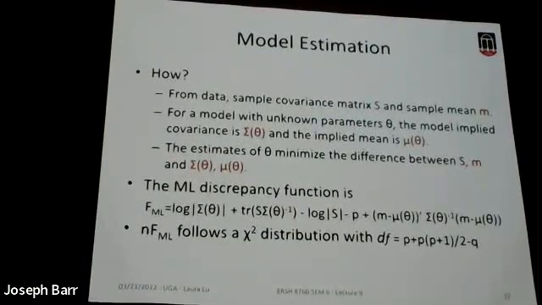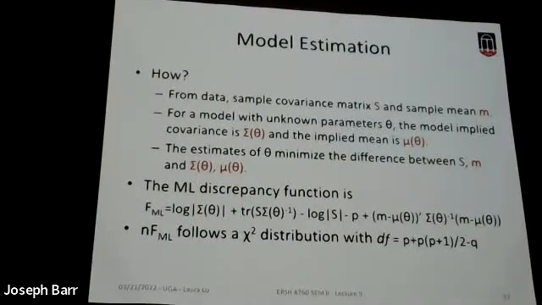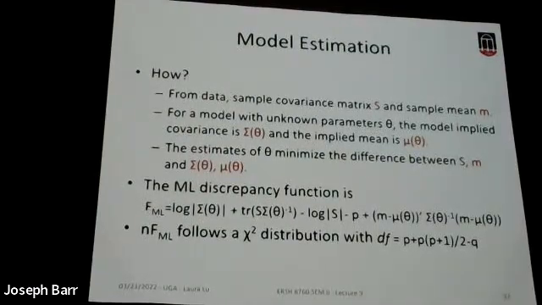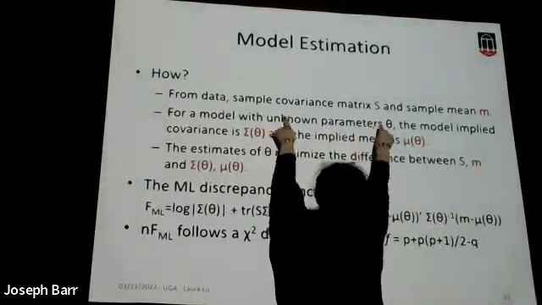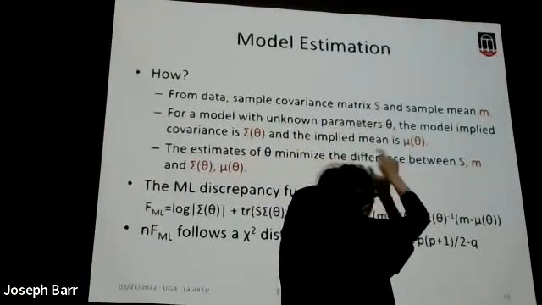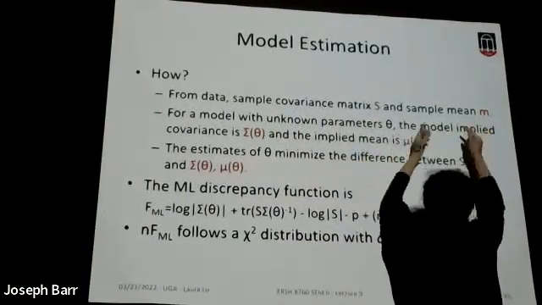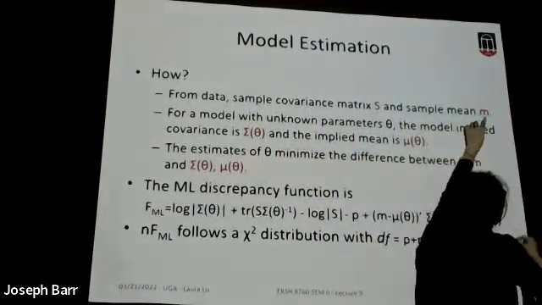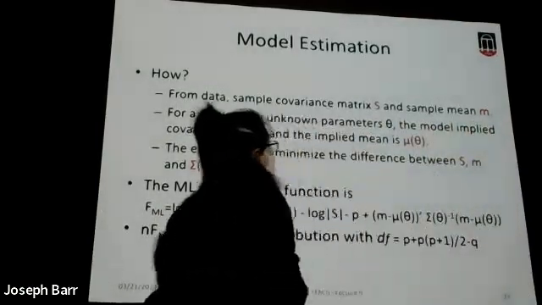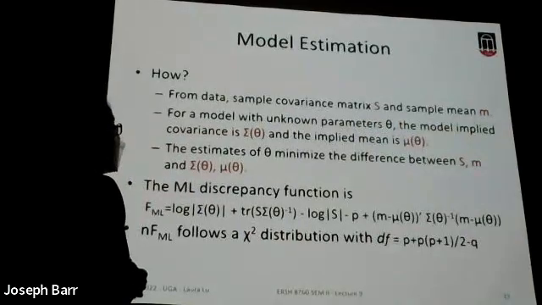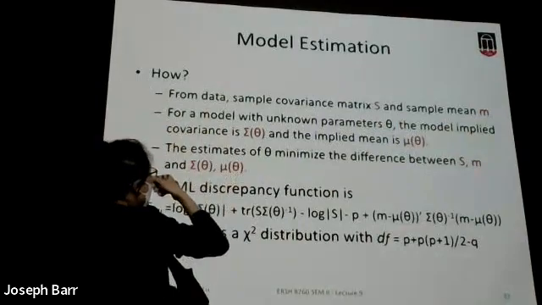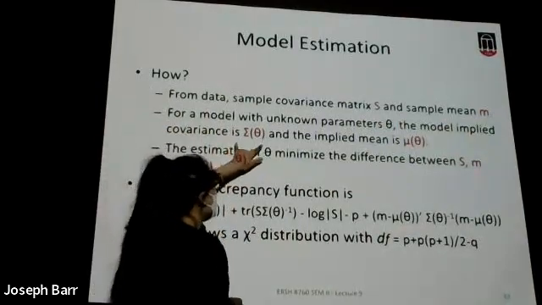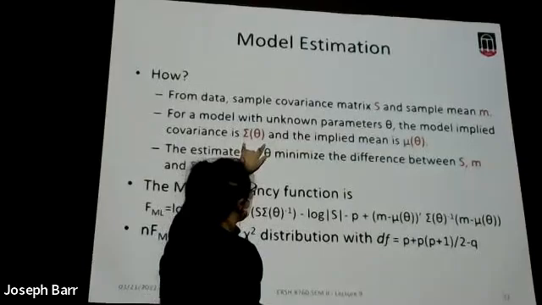The procedure is actually quite similar to what we did before for the covariance part. This time we have two parts. We have the sample covariance matrix S, and also the sample mean. Suppose we have the sample mean M. Then S and M are for the data. For the model we also have two parts. We have the model-based covariance matrix we described before, sigma of theta.